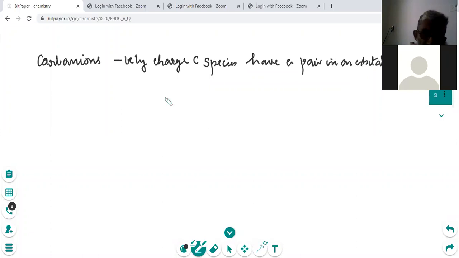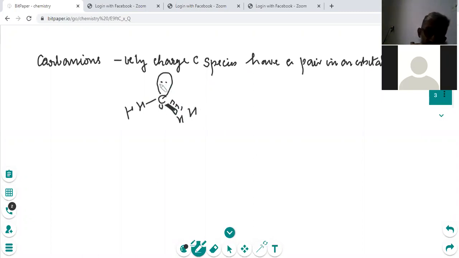And it is something like this. You have 3 hydrogens, see how we draw the electrons, the 3 bonds to the 3 hydrogen atoms. And now you have one orbital which contains a pair of electrons.